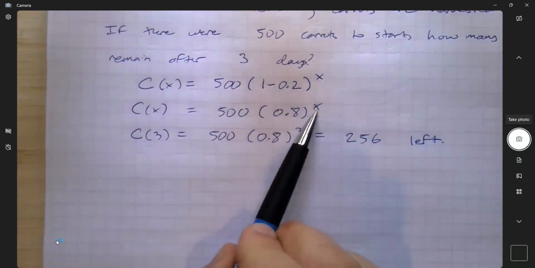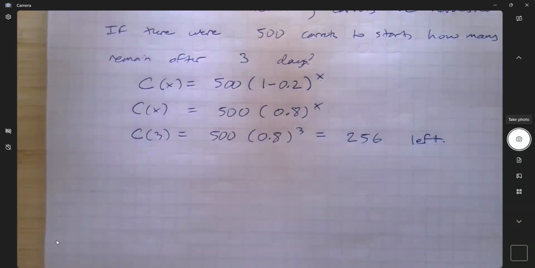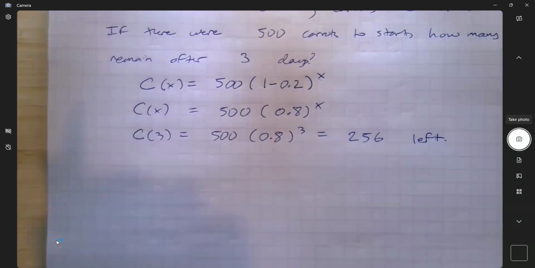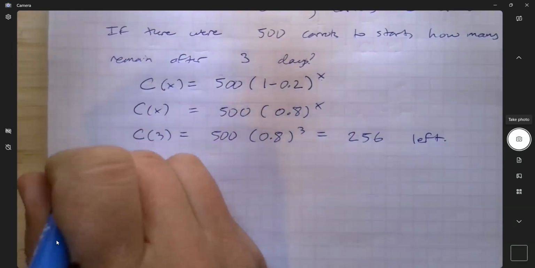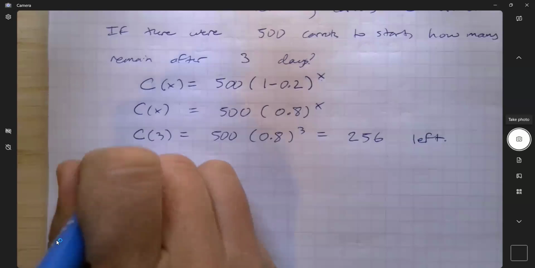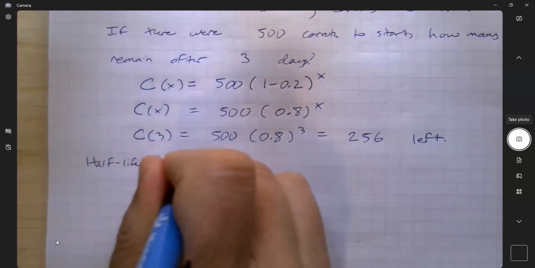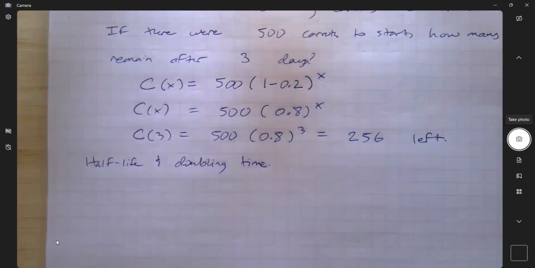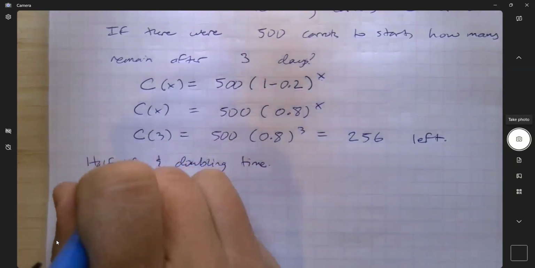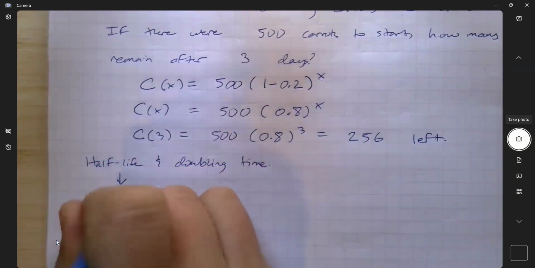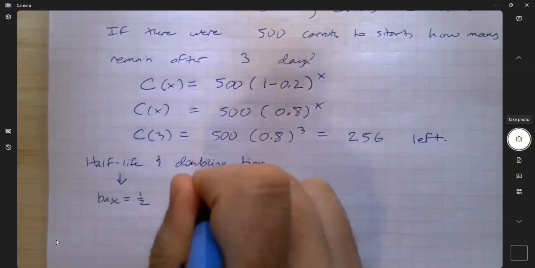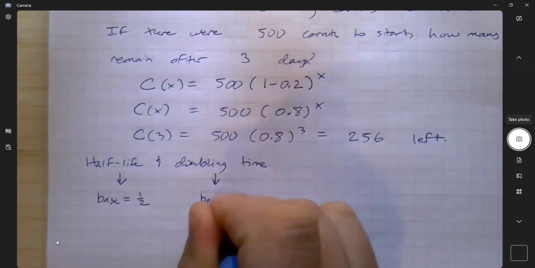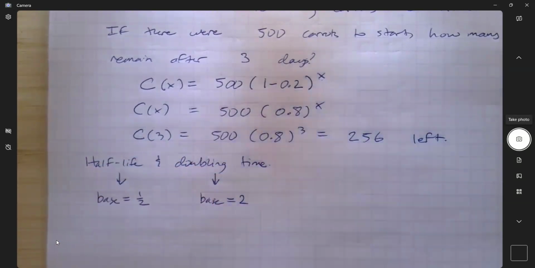And then you would solve for x. That's periodic change. The next one is half-life and doubling time. And all this means is that for half-life, the base always equals a half, and for doubling time, the base always equals 2.